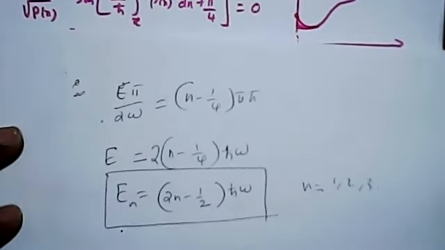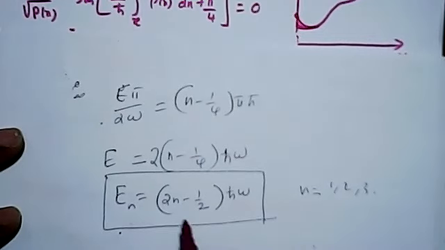This is the expression for energy levels of a half harmonic oscillator, which is almost like a tunneling expression. Not tunneling, but actually it is a half harmonic oscillator.